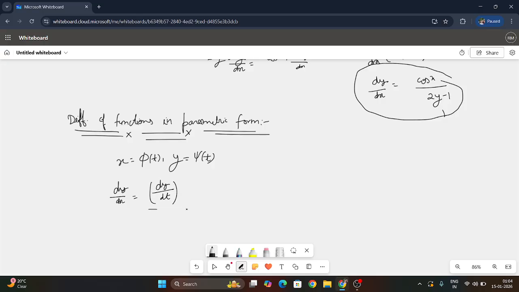Then x is a function of t also, so find dx by dt. Now dy by dt divided by dx by dt is going to be the dy by dx. Please keep this in your mind, and let's take some problems and that will help you to understand this properly.